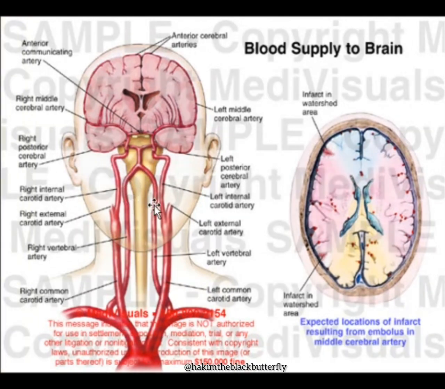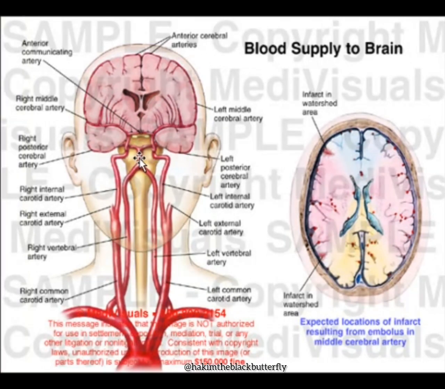And then they begin giving off branches which supply the brain and the spinal cord.